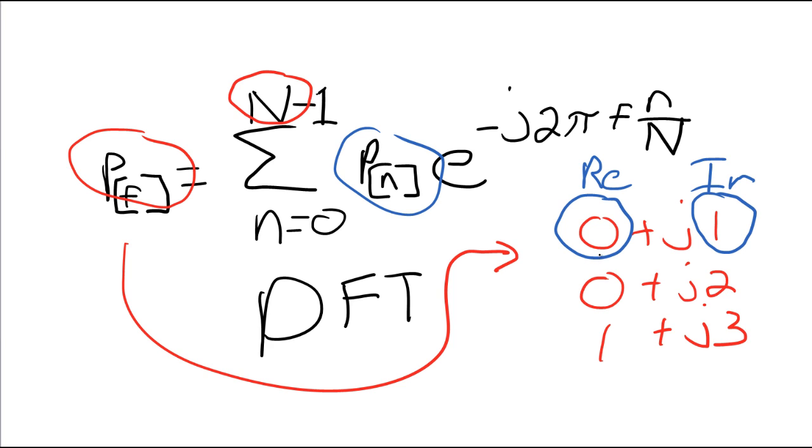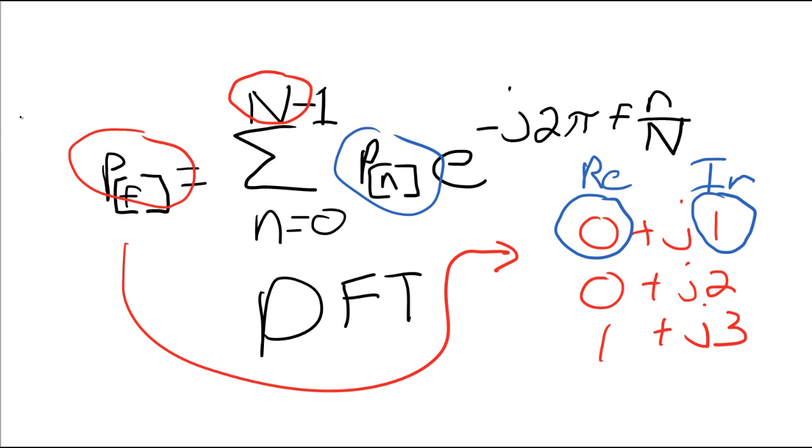And so that's what you do with the data. Whenever you take a discrete Fourier transform, you get complex data out, but that's what you do with it. You can basically calculate the phase angle and the magnitude to get something useful.